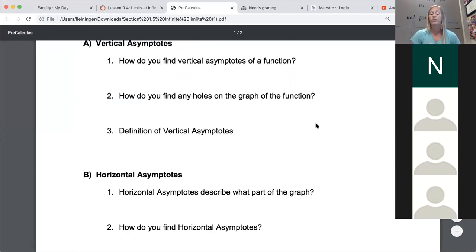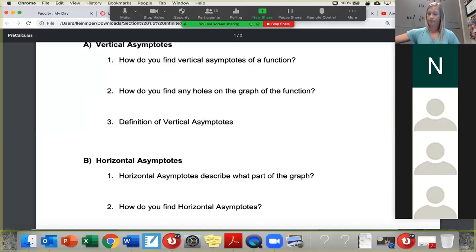So, quick review. Anyone remember how to find vertical asymptotes when we did this back in the fall? You set what's on the bottom equal to 0. We set the denominator equal to 0. How did we find holes in the graph? You set something on the top equal to 0, like when you cross something out.